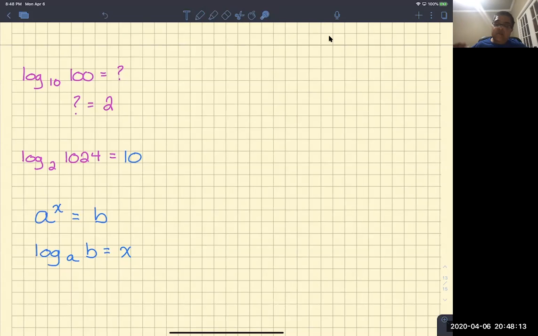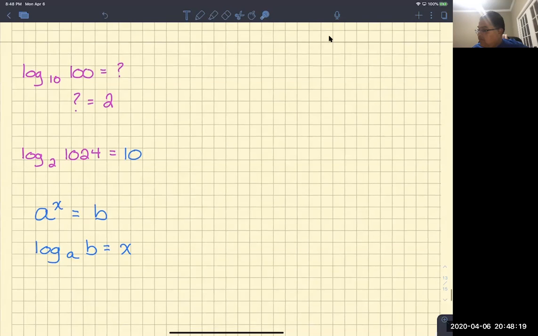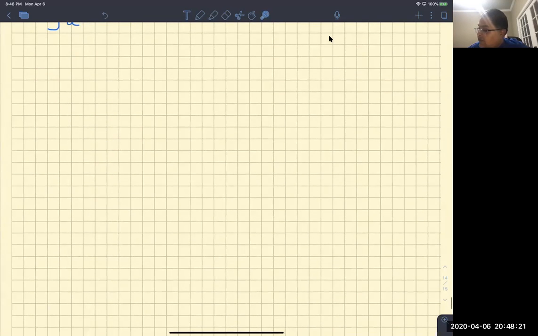Now, I know this is a circular way of looking at things, but trust me, with a little practice, it comes. So say, for example, I have a problem like this: log base 5 of 1. Now, here's the thing. 5 to what exponent gives me 1?